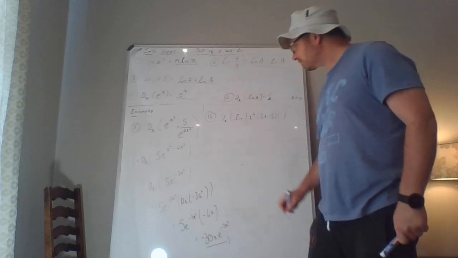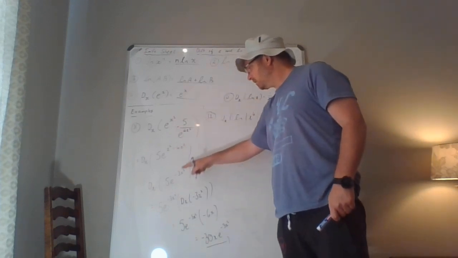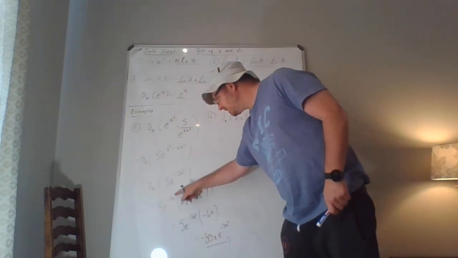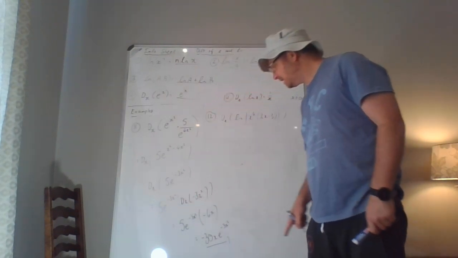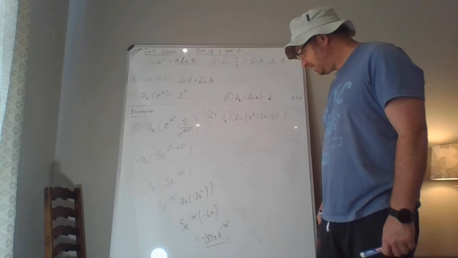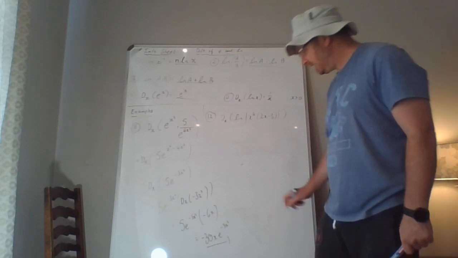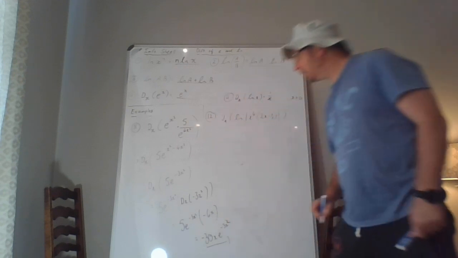Let's just check that. So e^(x² − 4x²), 5e^(−3x²), stays the same, 5e^(−3x²) times the derivative of −3x², which is −6x, which becomes −30x e^(−3x²).